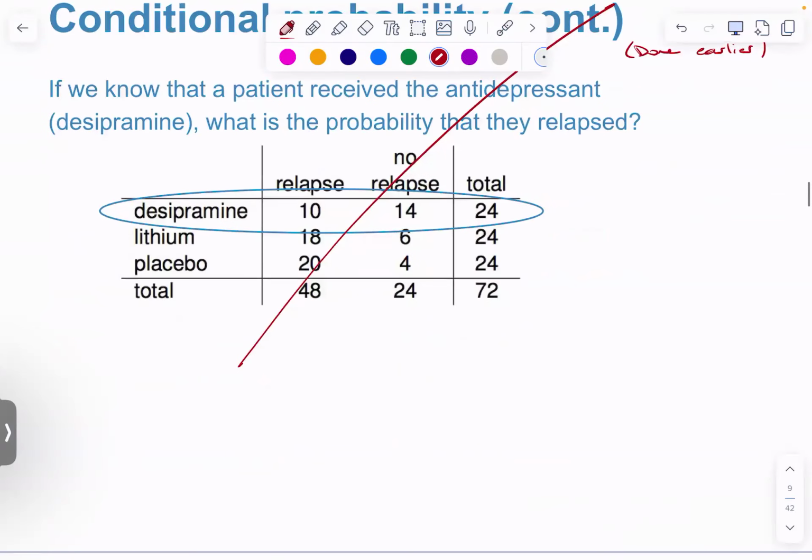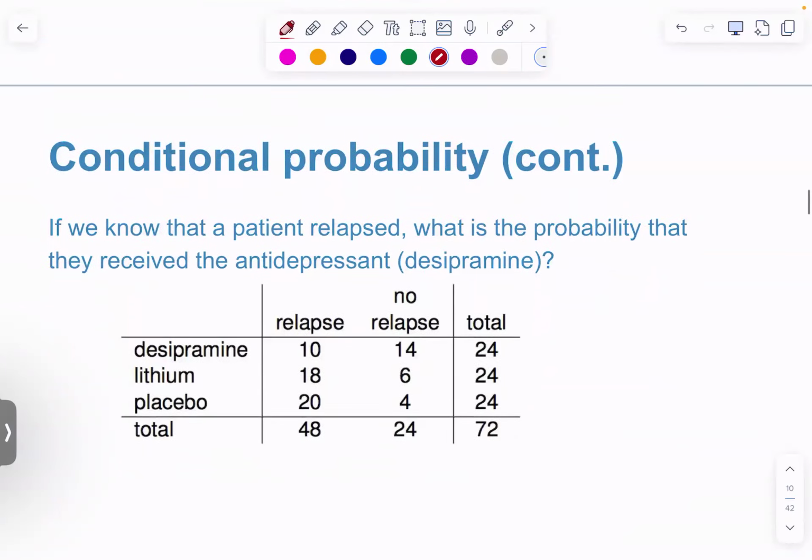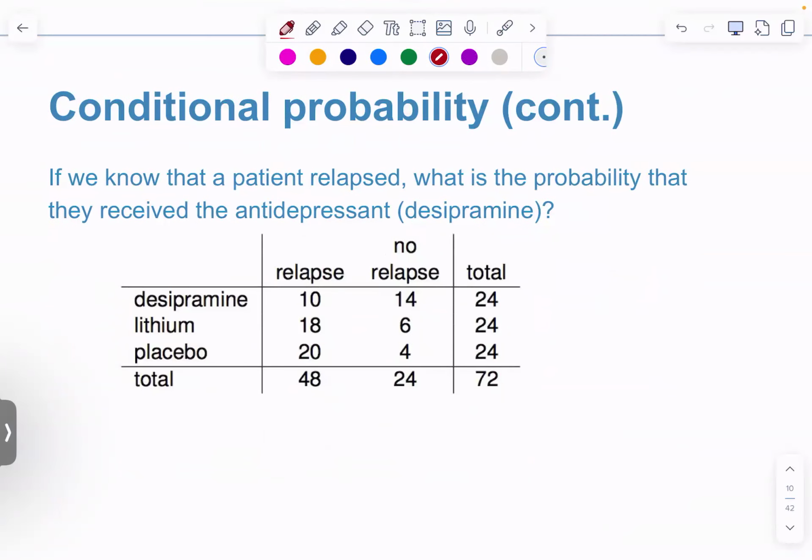If we know the patient, what's the probability? Okay, this one's different. If we know that a patient relapsed, what's the probability that they received the antidepressant? That's a different question, if I'm not reading it wrong.